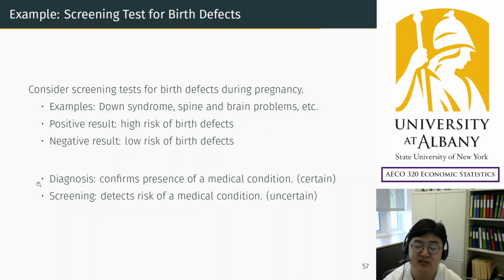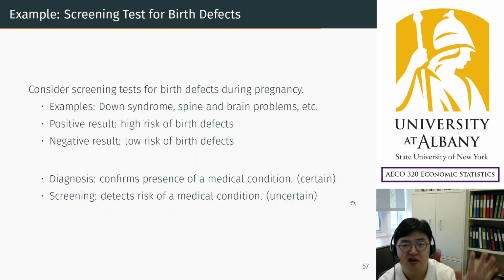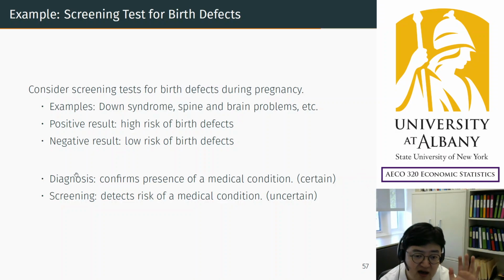Diagnosis is different from screening tests. Diagnosis is confirmation. Really, it's certain that the medical condition exists. But a positive result from a screening test does not confirm. It is just statistically the risk is high. It only means the risk is high, so it's not 100%.